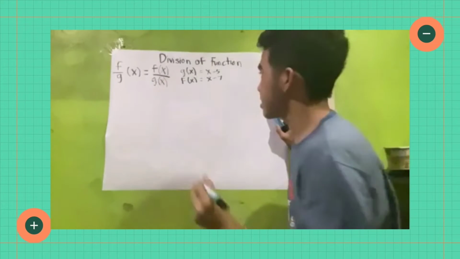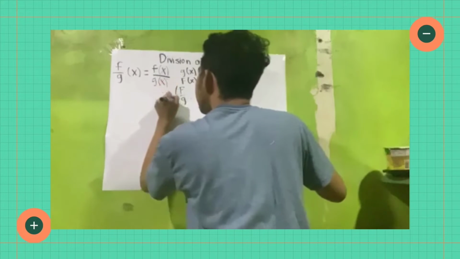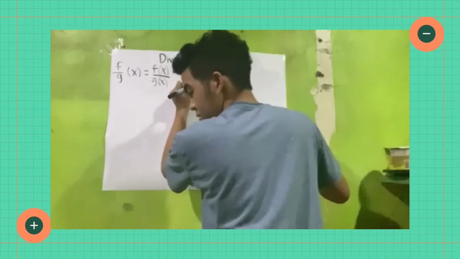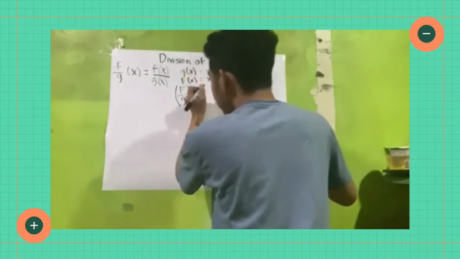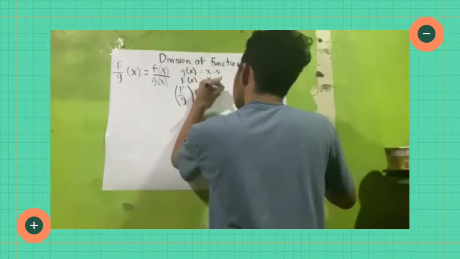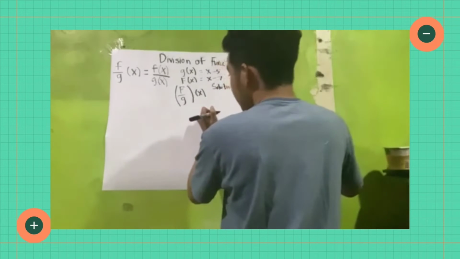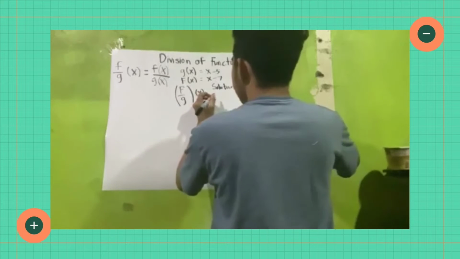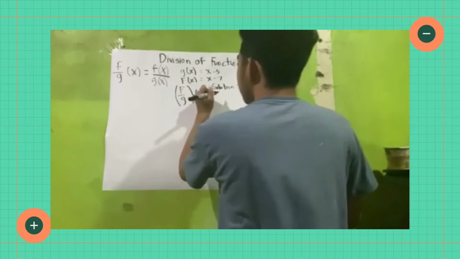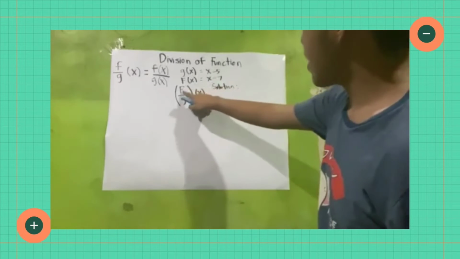The formula is f over g(x). Solution: just distribute the value of f.